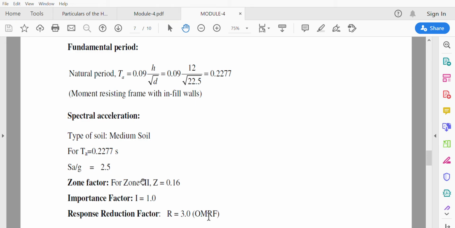So zone factor for zone 3, Z, is 0.16. It is also mentioned in the code book. Importance factor is given as 1. Response reduction factor for ordinary moment resisting frame, R, is 3. This you can refer in IS 1893 part 1, 2016.